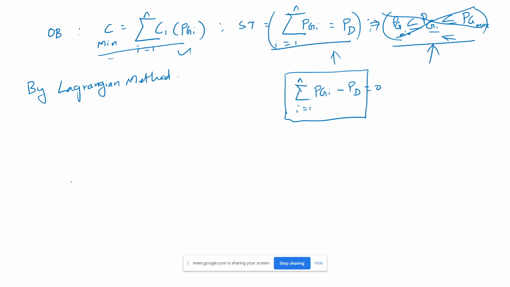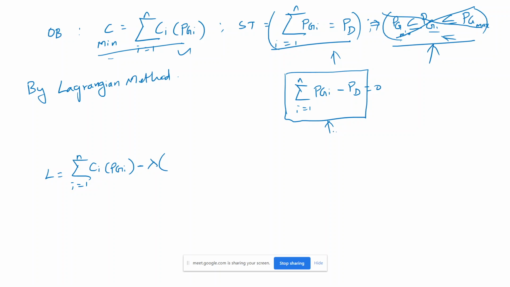So with this, the Lagrangian equation is nothing but the augmentation of your objective function as well as the constraint. I will take the objective function first: summation for i equal to 1 to n of Ci Pgi, minus lambda times g. What is g here?